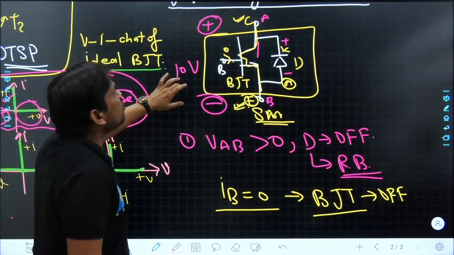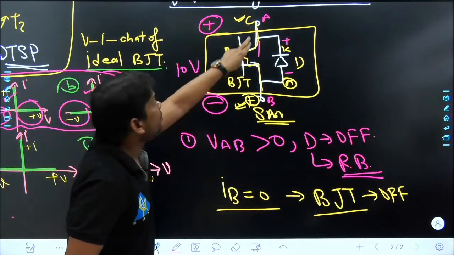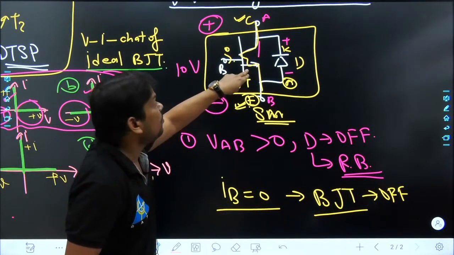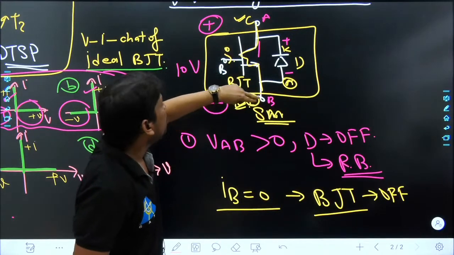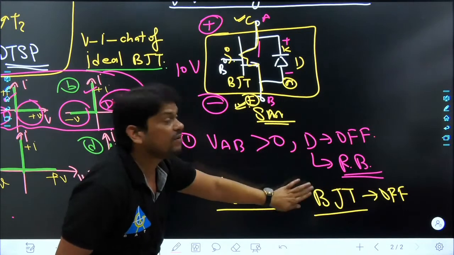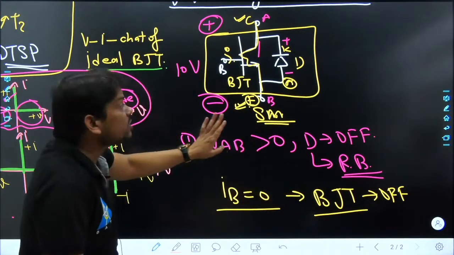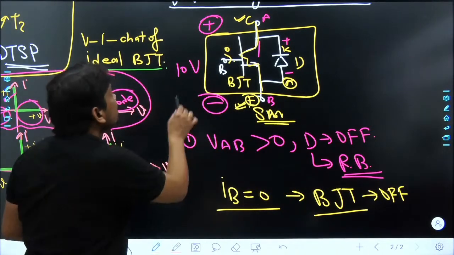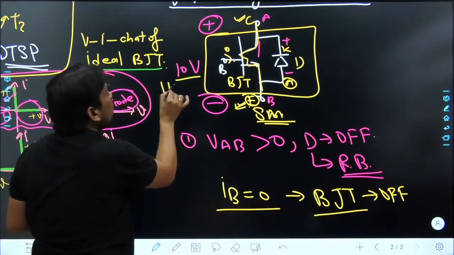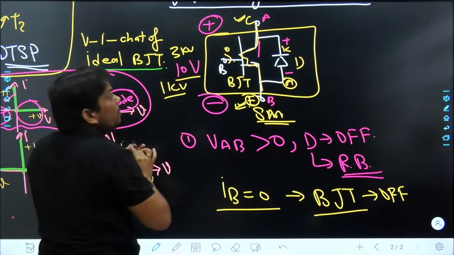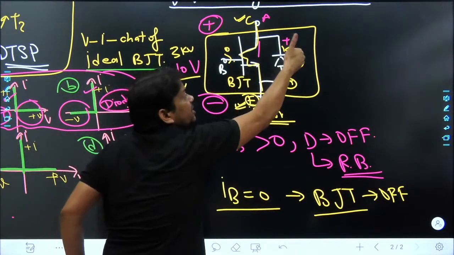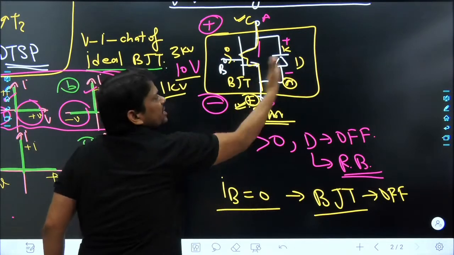But still, what will happen in this case? When we are not going to provide any base current, BJT and diode both are off. So no current will flow from terminal A to B or B to A because both devices are off. This 10 volt voltage or 1 kV voltage or any other voltage, whatever you want, will be blocked by either BJT or diode because both are connected in parallel.